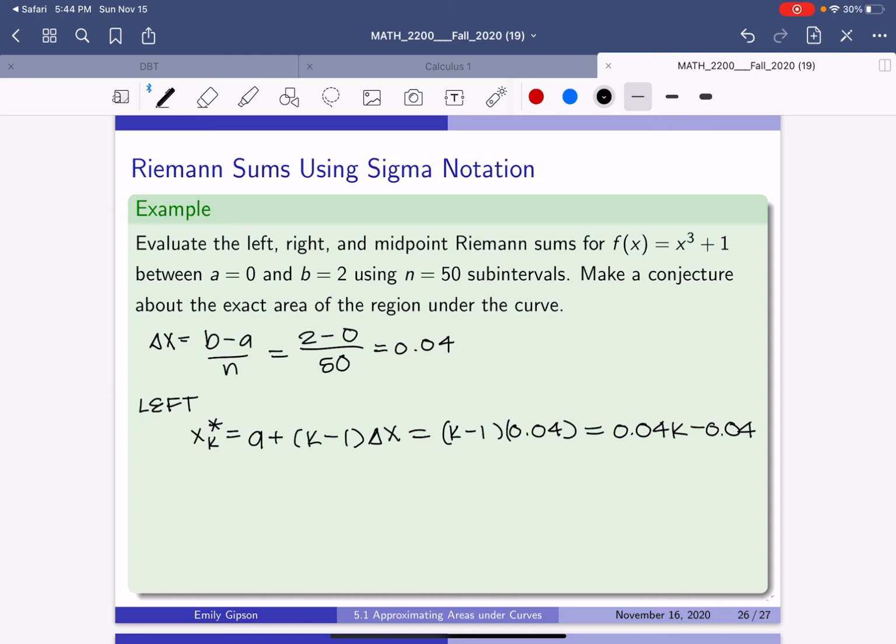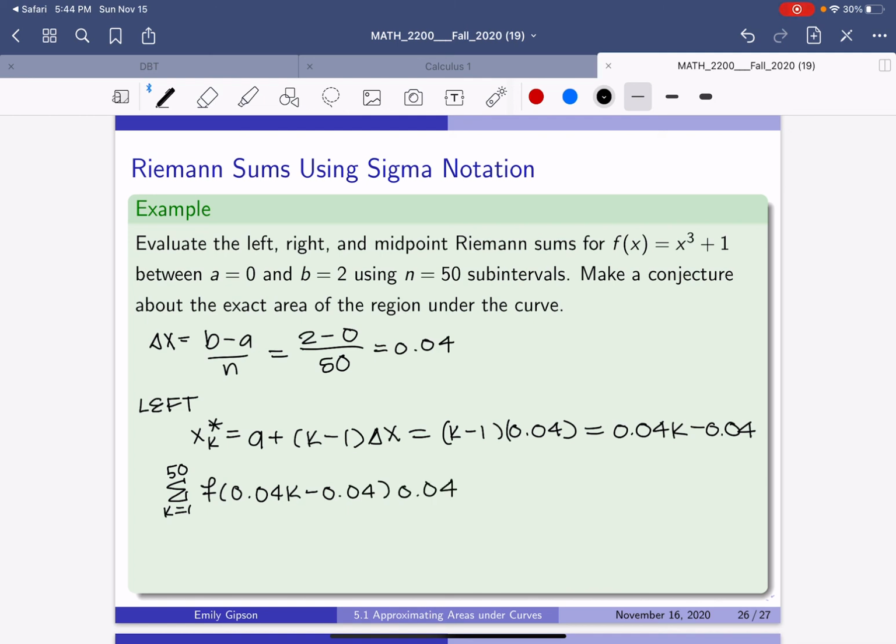And I'm going to plug that into my function every time I get a chance. So my summation looks a little like this. k equals 1 to 50 of f of 0.04 times k minus 0.04 times delta x, which is 0.04.